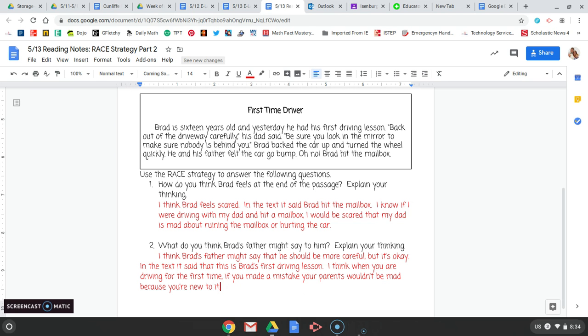All right, so today when you go to Edge Elastic, all of the questions that you're going to have to answer are going to have this explain your thinking with it. So that means on the questions where you have to explain your thinking, those answers should not be less than 3-sentence answers. Because remember, you have to restate and answer the question in sentence 1.